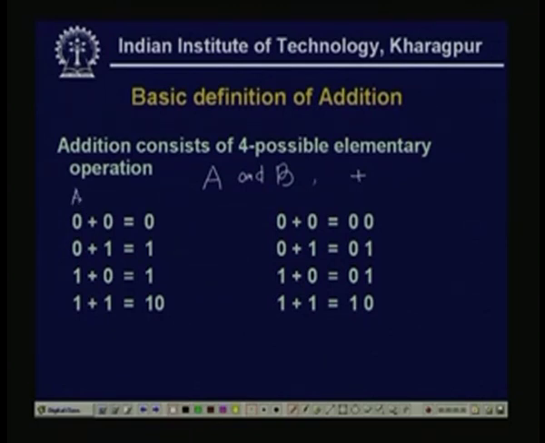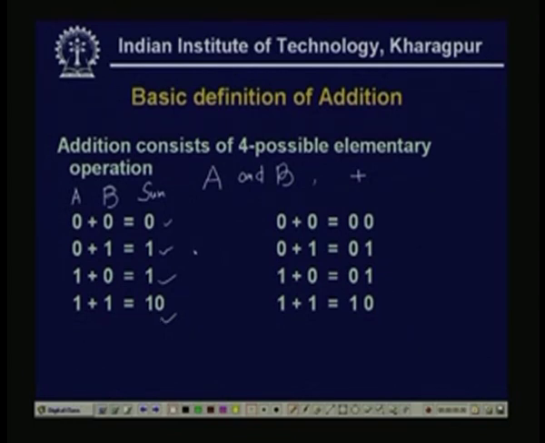If it is 0 plus 0, then my sum, the output, is 0. If it is 0 plus 1, the sum is 1. If it is 1 plus 0, it is 1. These are binary additions, and 1 plus 1 means the sum is 1 0.